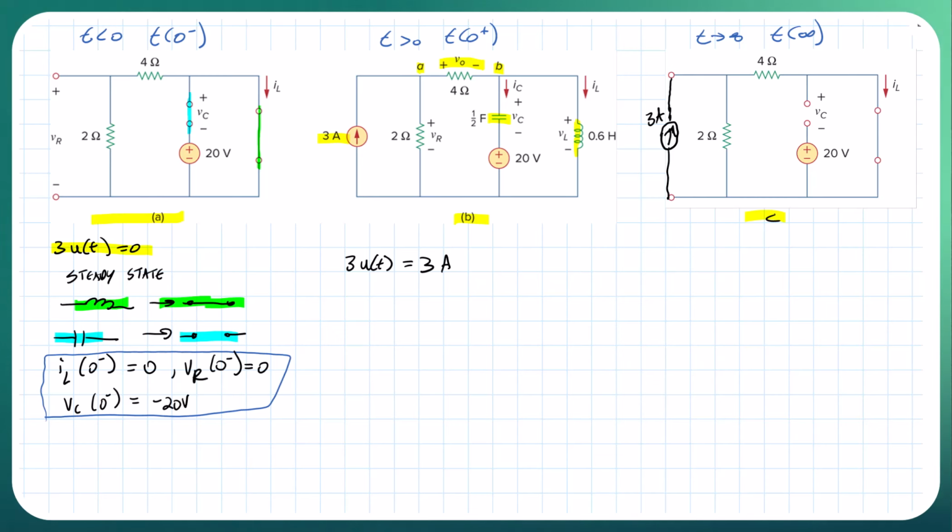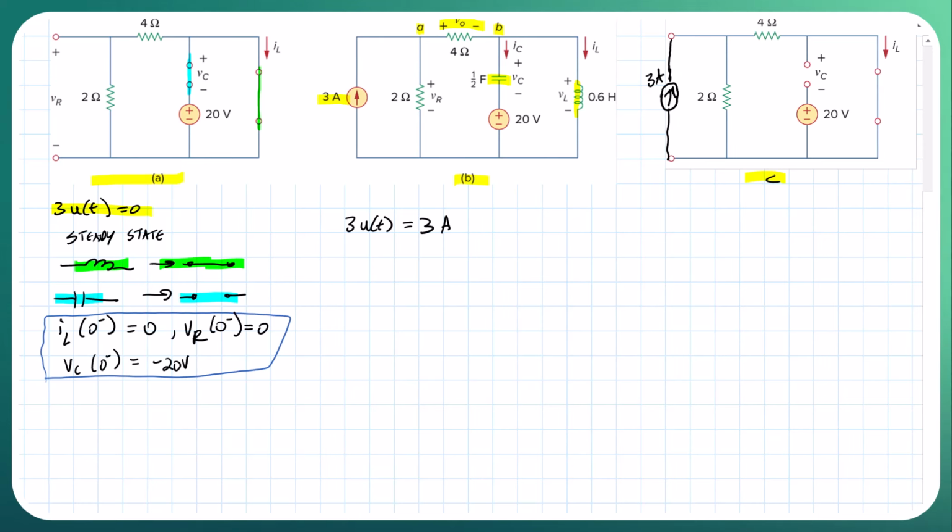Because the capacitor voltage and the inductor current cannot change abruptly, then we can also say from previous, IL at 0 plus is going to equal IL at 0 minus. Okay, and we said that was 0.